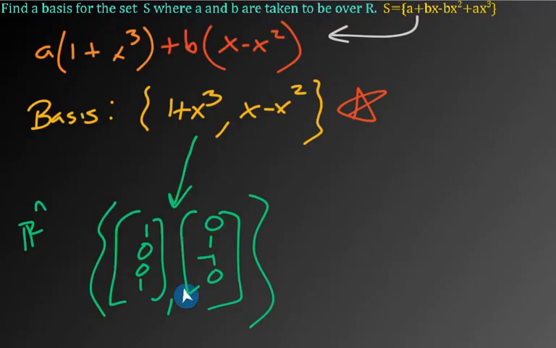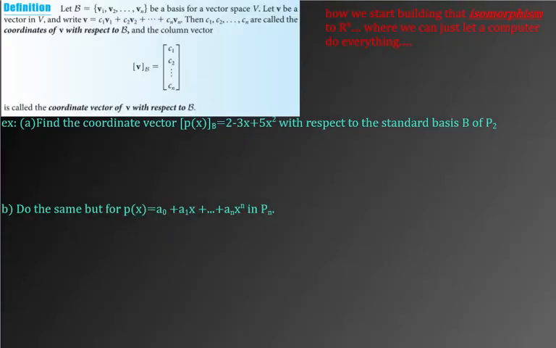Just like here, this is a basis for this, just like this is a basis really for it. It ends up being that these two things are functionally the same, structurally the same, I think is a better word there. And there's something called change of basis where we go back and forth between them. We need to know how to make these coordinate vectors with respect to a new basis.